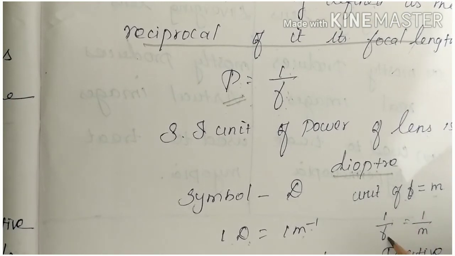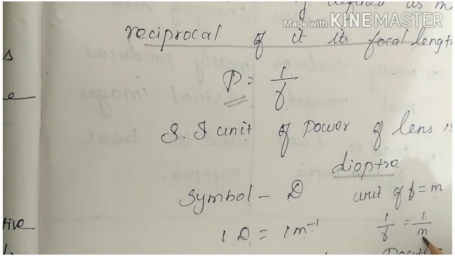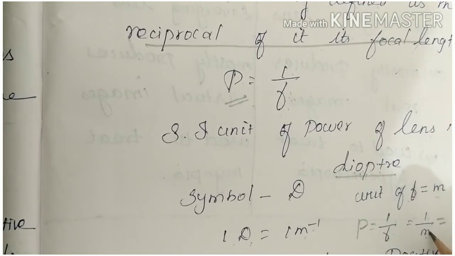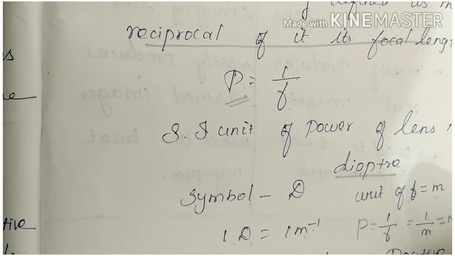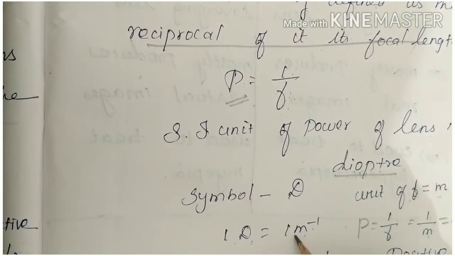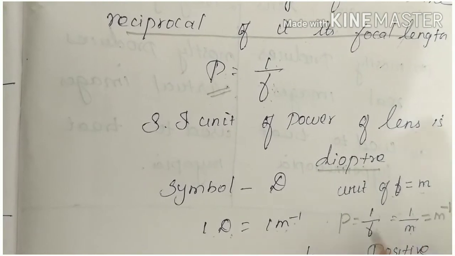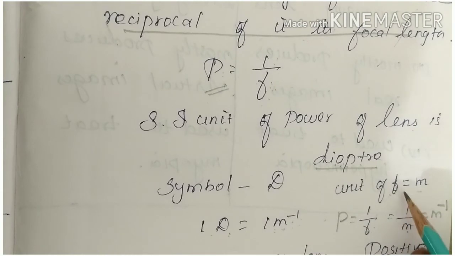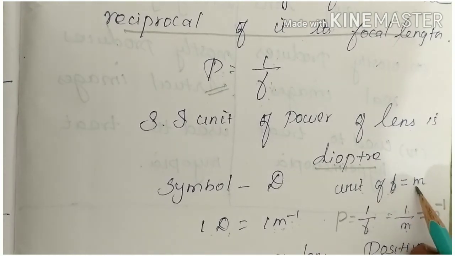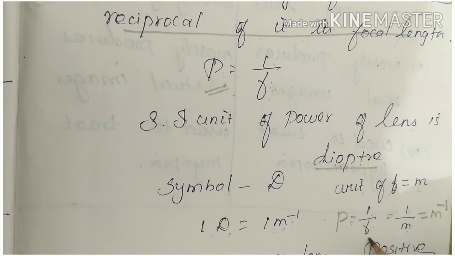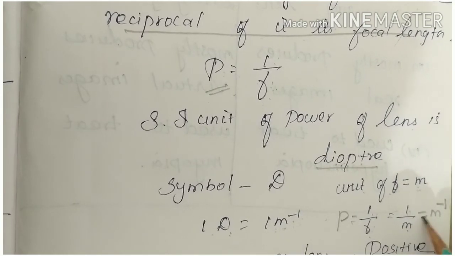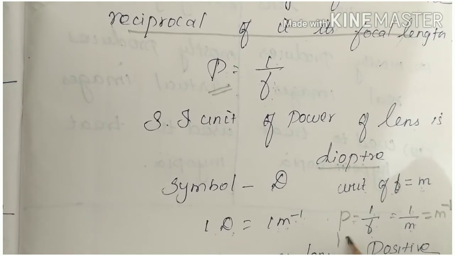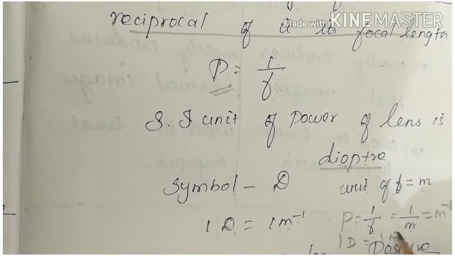Power of a lens is 1 by f, which means 1 by meter, so it is equal to meter power minus 1. So 1 diopter is equal to 1 meter power minus 1.